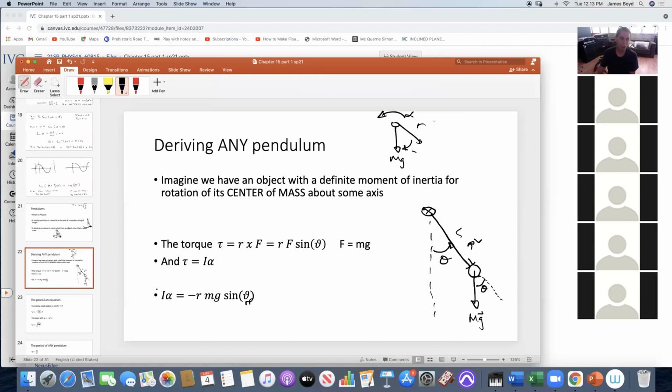And that is our equation here. Now, we get alpha is negative r mg over whatever the moment of inertia is, we'll talk about this in a minute, times sine of theta.